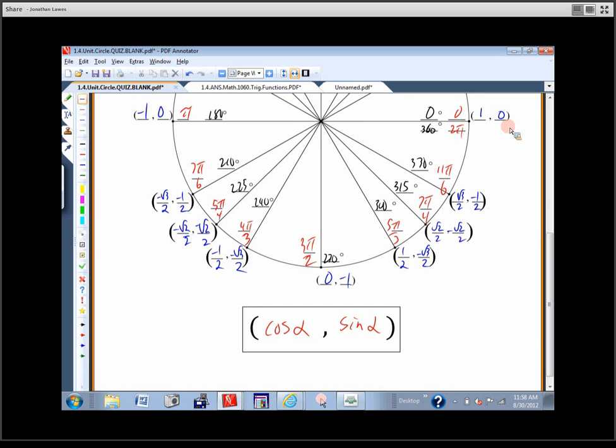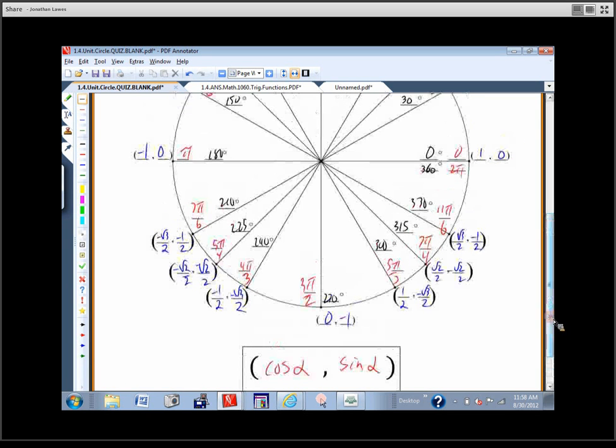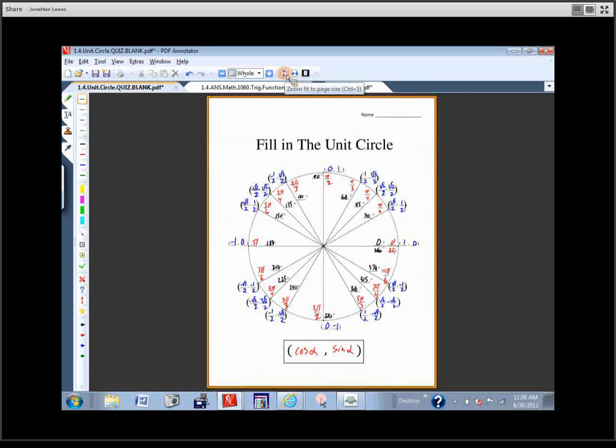Now, you might just want to be aware, because I'm saying this is the unit circle, can I make this smaller so you can see the whole thing at once? Good there? This doesn't only mean that we're limited between 0 and 360 degrees or from 0 to 2 pi. That's not what this means. This means these are the ones that you're going to have memorized. But if I say, could you tell me what the cosine is of negative 30 degrees?